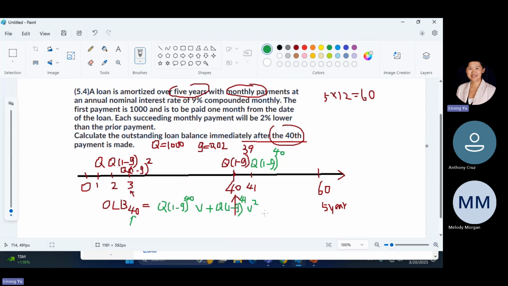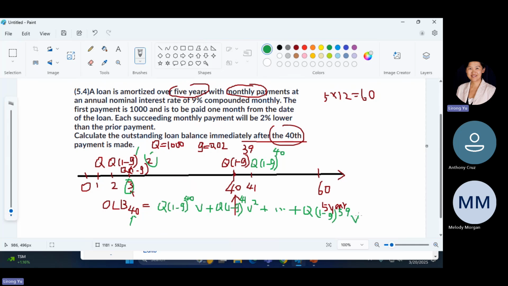And then you keep doing this until the last payment. The last payment will be Q times 1 minus G to the power of 59. Because we see that pattern, right? 2 and then 3, 1 and then 2. So at time 60, the power will be 59.